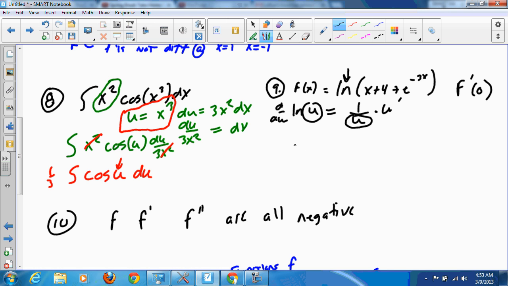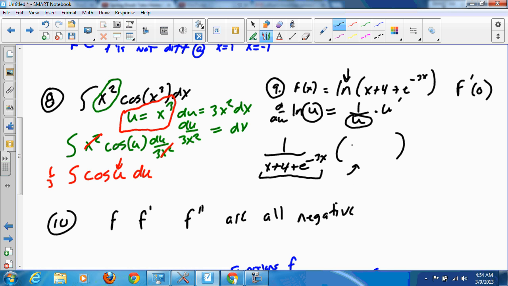So keeping that in mind, we just simply rewrite the function, make it a reciprocal, x plus 4 plus e to the negative 3x times the derivative of this. We'll place it right here.